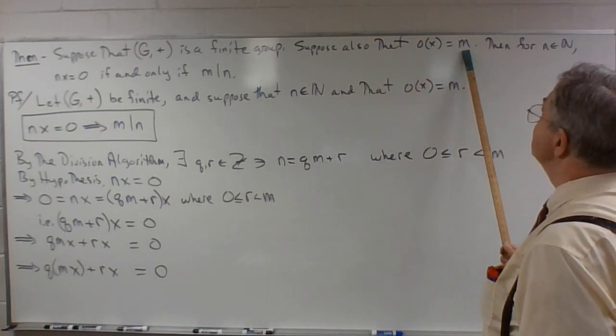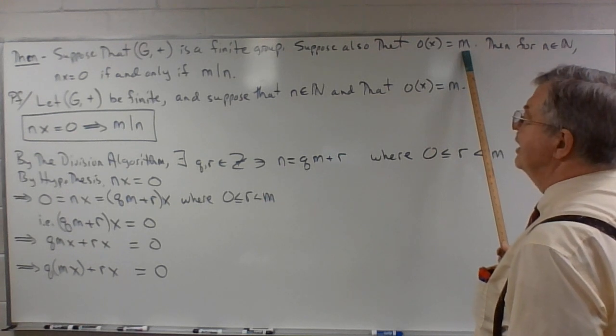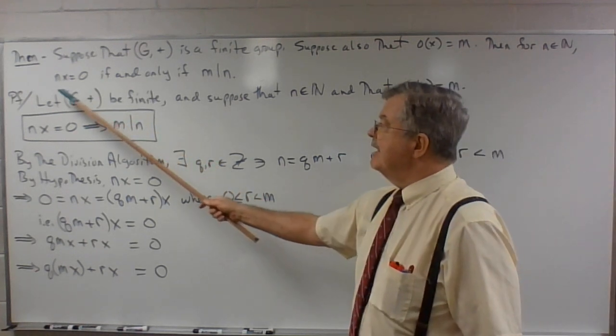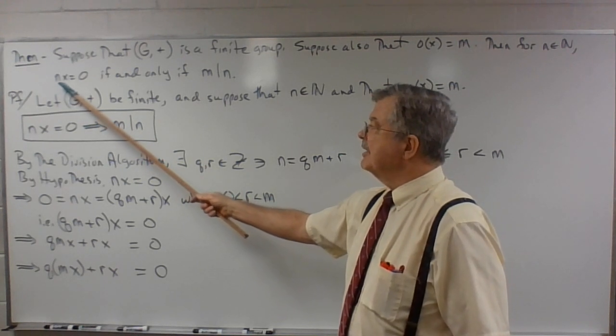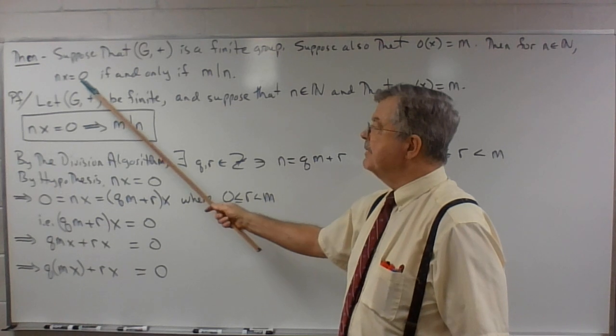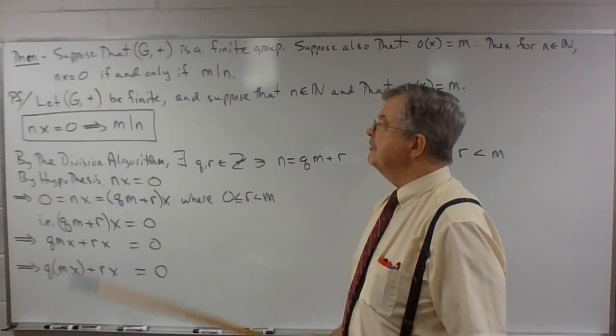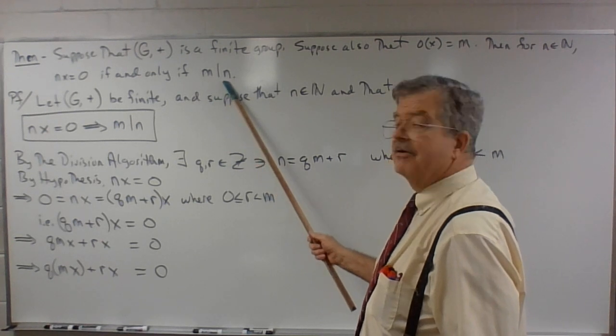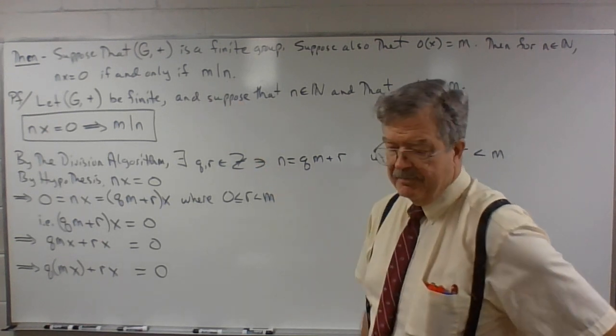So if m is the order of the element x, then any other element n such that nx equals 0, the identity, is going to be such that m divides, or is a factor of, n.